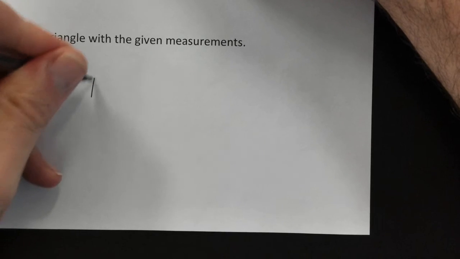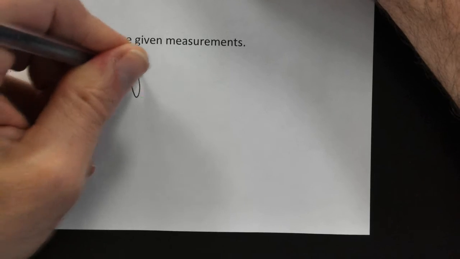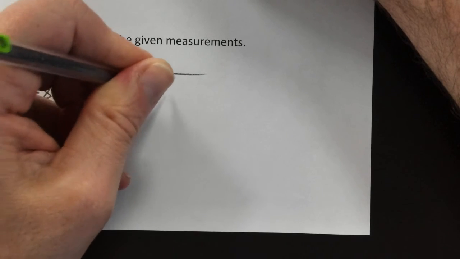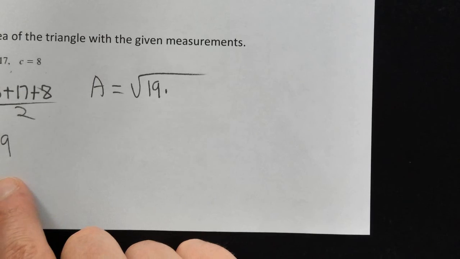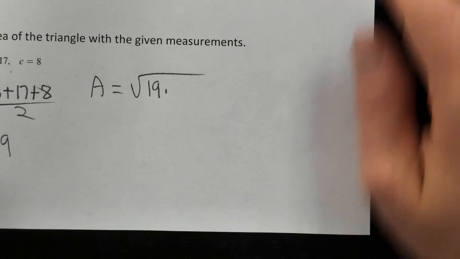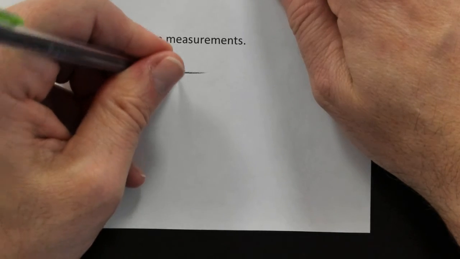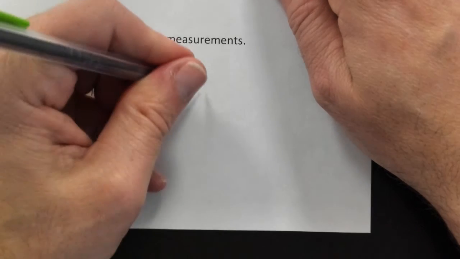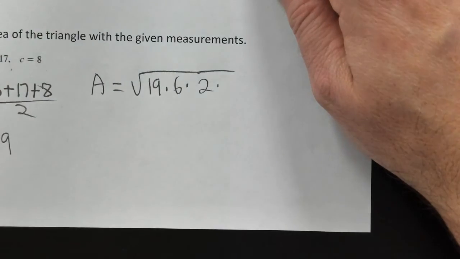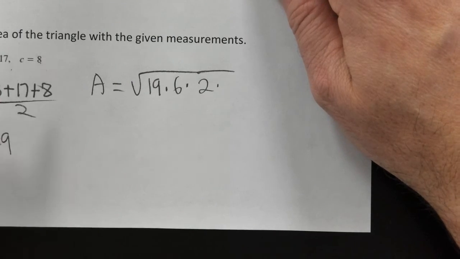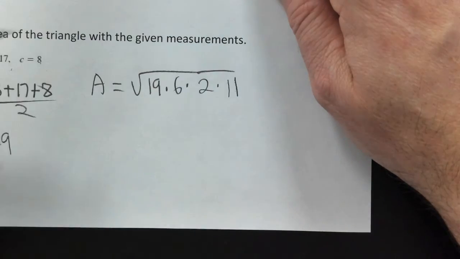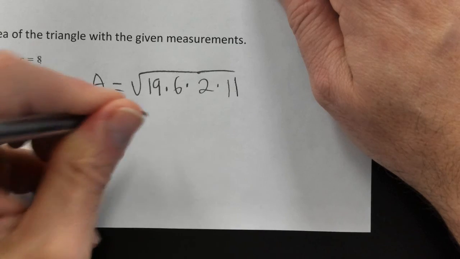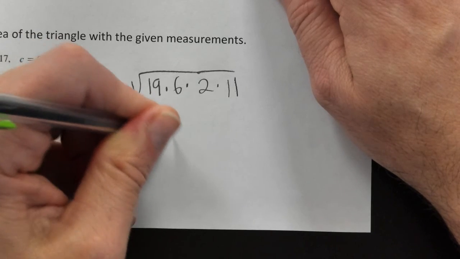And so my area is equal to the square root of 19 times 19 minus 13, which is 6, times 19 minus 17, which is 2, times 19 minus 8, which is 11. And the square root of all that becomes 50.08.